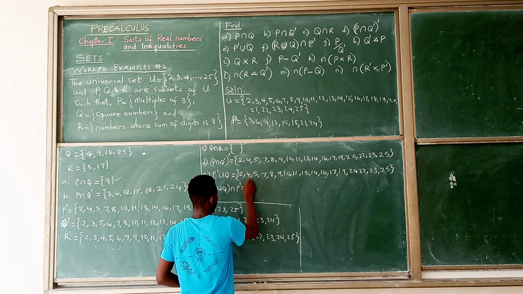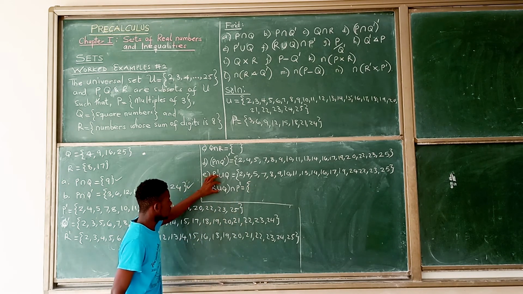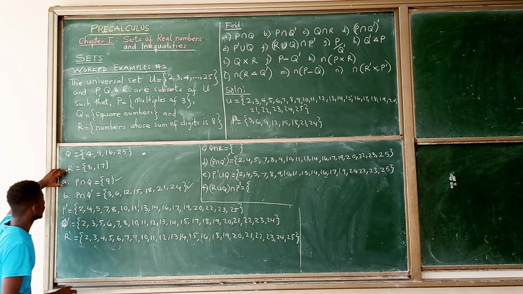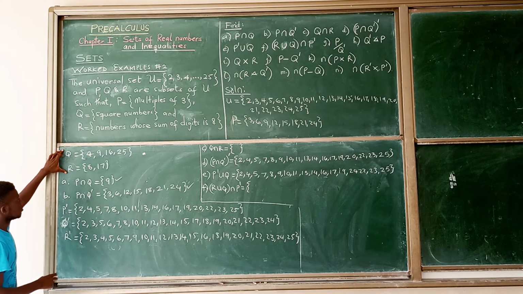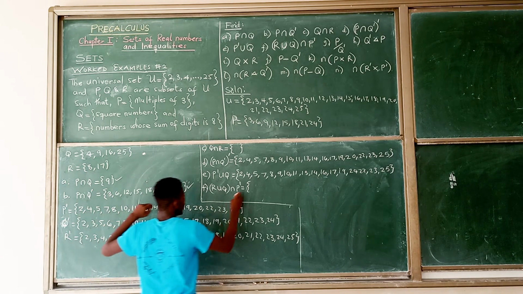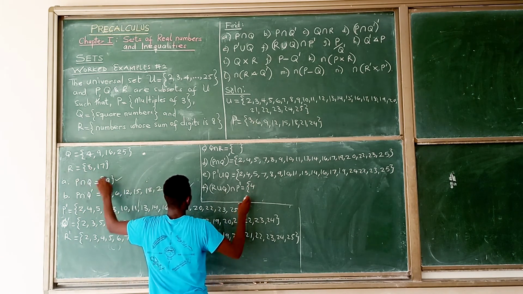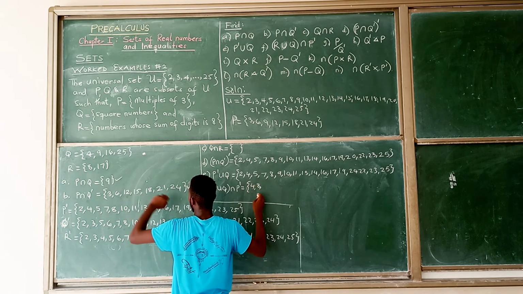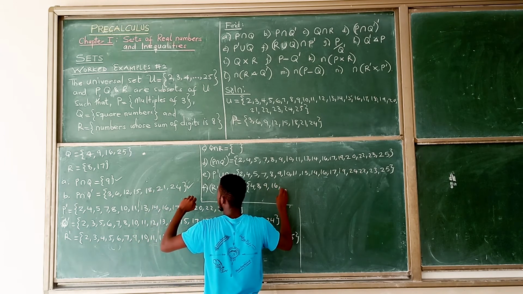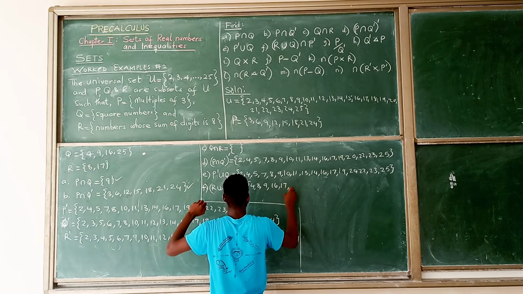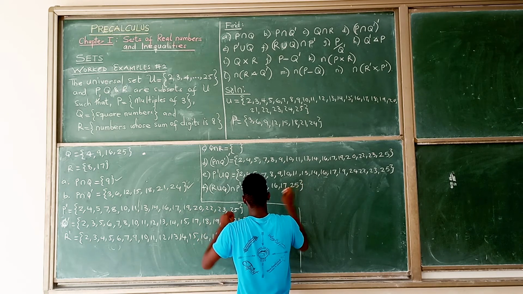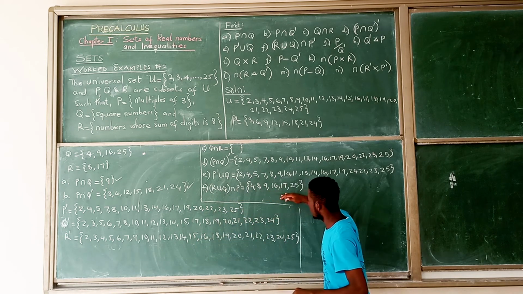So we can list the elements of R union Q. Here's R, and here's Q. The union of these two sets is the combination of the elements in these two sets. So we have 4, 8, 9, 16, 17, and 25. These are the elements in R union Q.